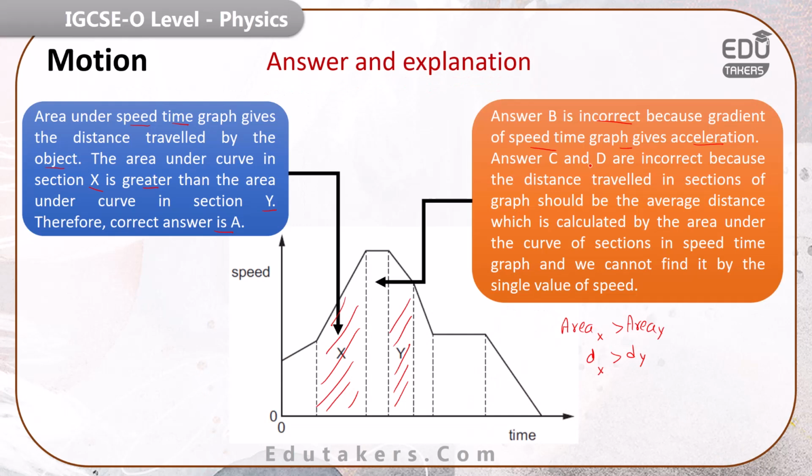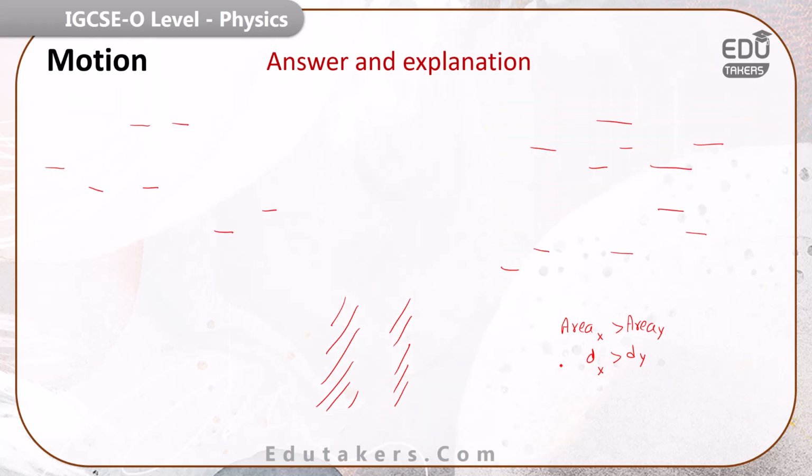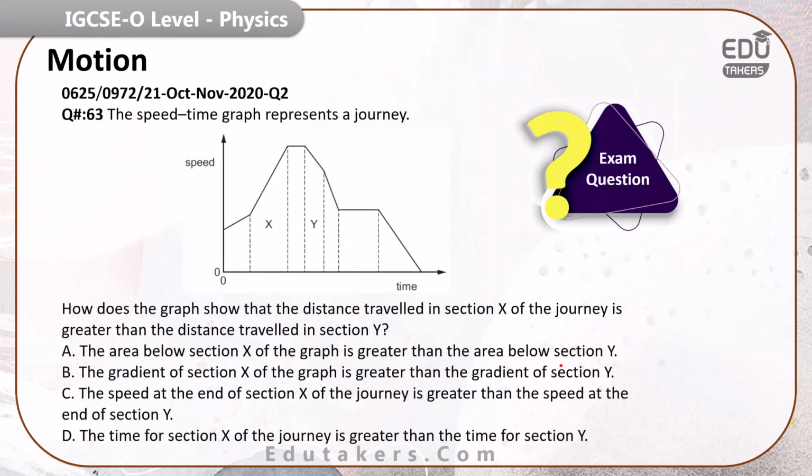So here, answers C and D are both incorrect because the distance traveled in the sections of the graph should be found by the area under the curve of the sections in the speed time graph, and cannot be found by the single value of the speed. It means that from these options, only the correct answer is A.